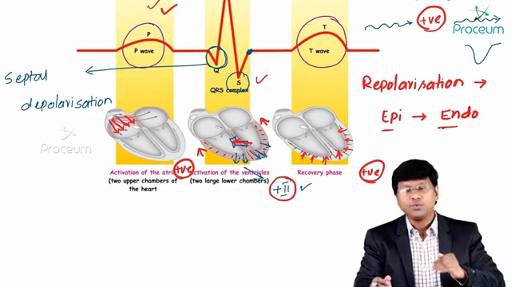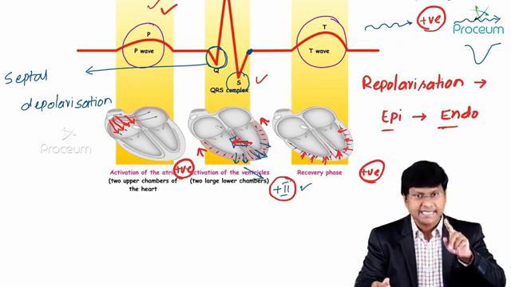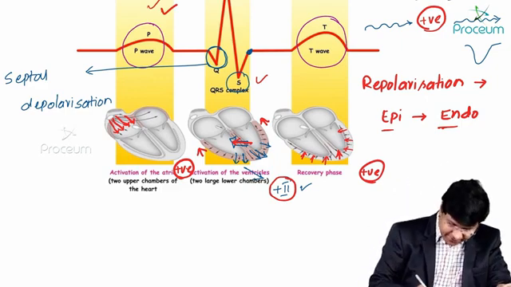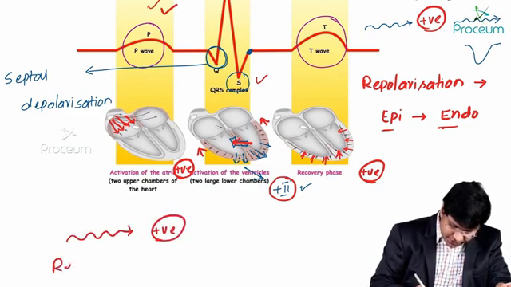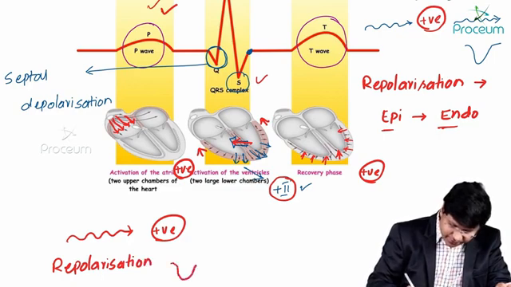So repolarization is moving away from the electrode. Again, you listen to the concept. If the wave of repolarization is towards the electrode, you will get a negative wave.